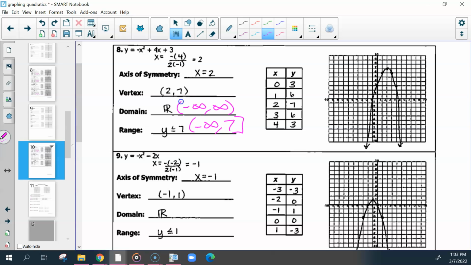Make sure you have your table so you can graph it if you didn't get to that one. Questions on 8?